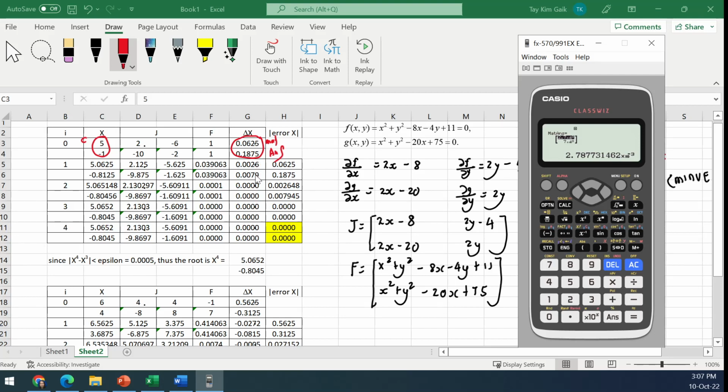The answer is slightly different because the calculator has a rounding error to 4. For the second one, I changed the number format to fixed 4. See, 0028. Excel is 0026 because it takes all decimal places. The calculator rounds to 4 decimal places.